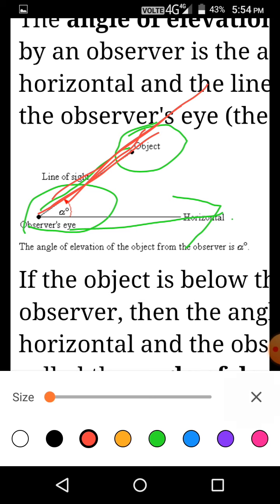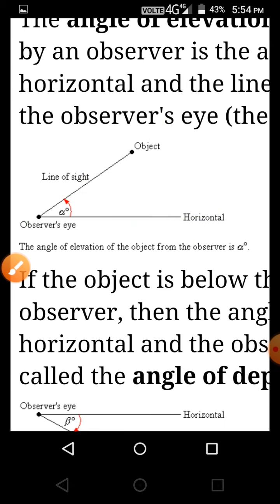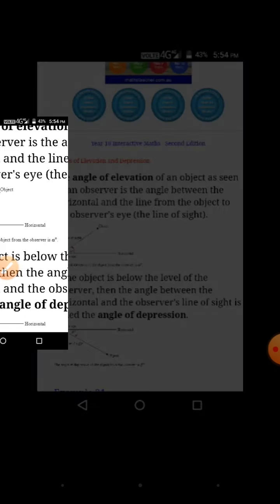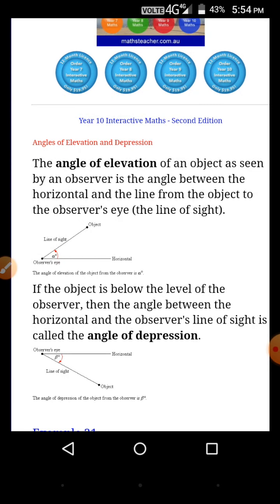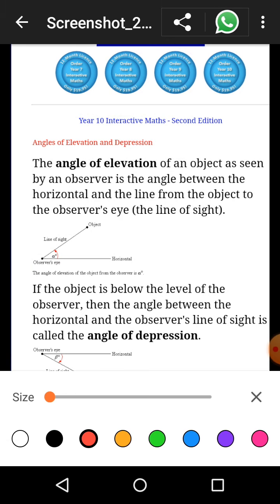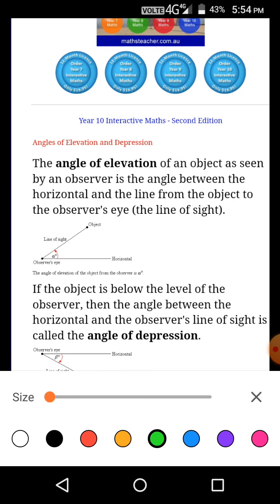So again, let me tell you the definition of the angle of elevation. The angle of elevation of an object as seen by an observer is the angle between the horizontal and the line of sight.